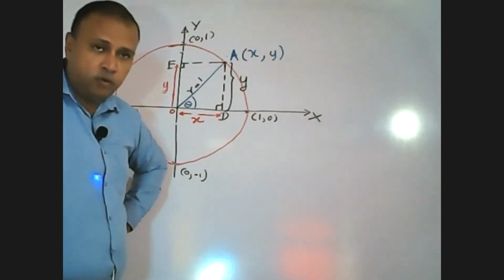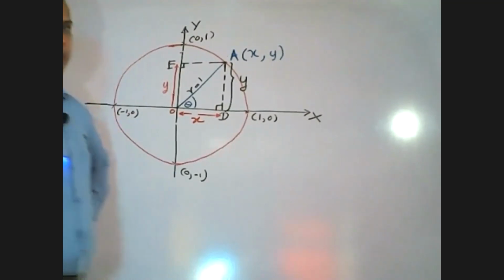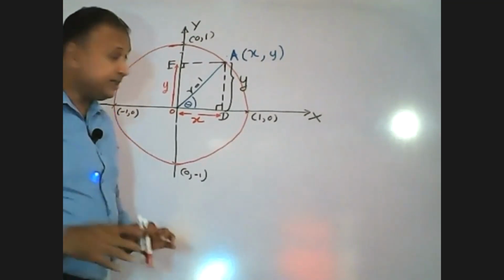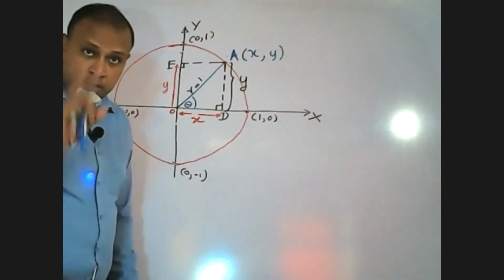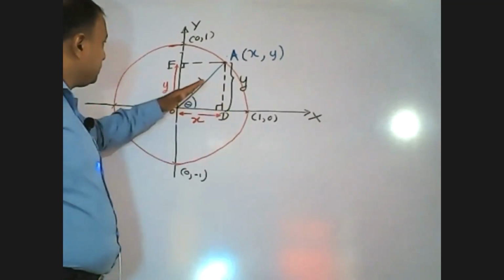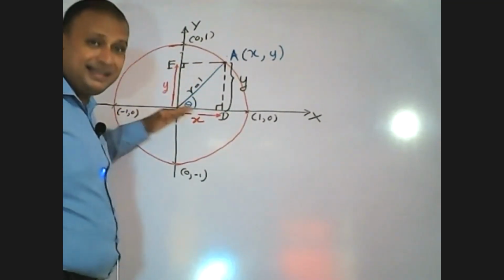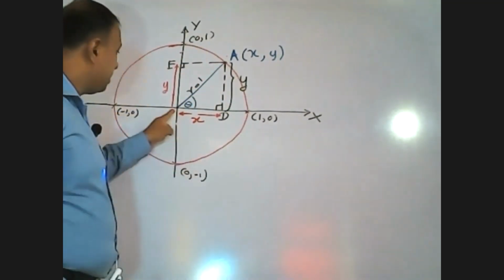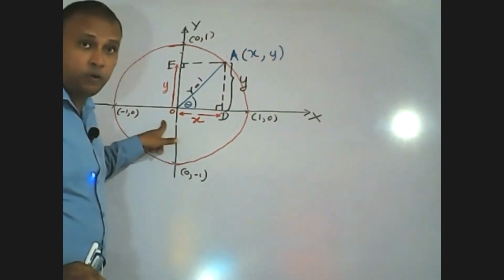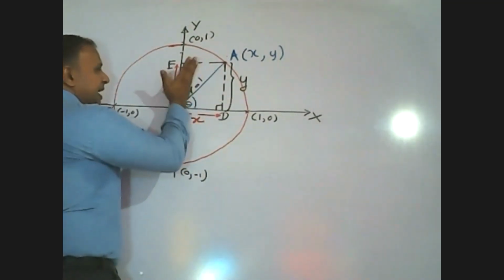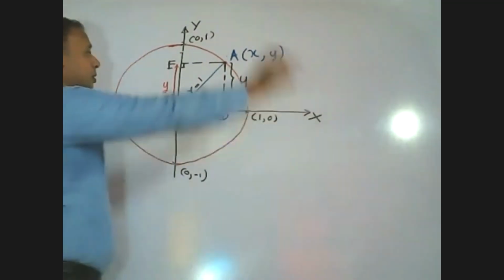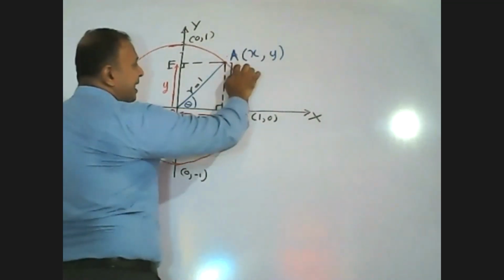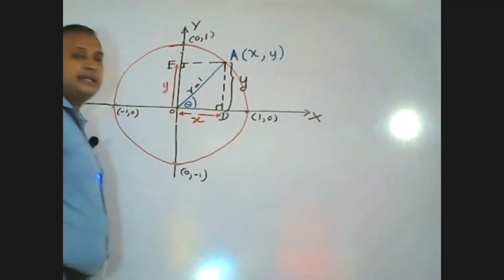Understood, sir. Thank you. Okay, then this is the unit circle. I assume the OA line segment has rotated theta angle around point O, and then the Cartesian coordinate of this point is x comma y.